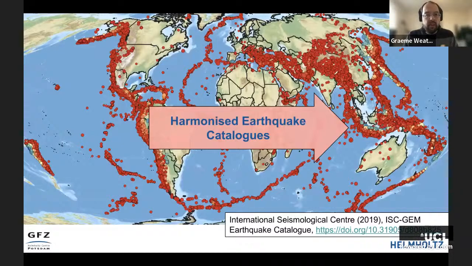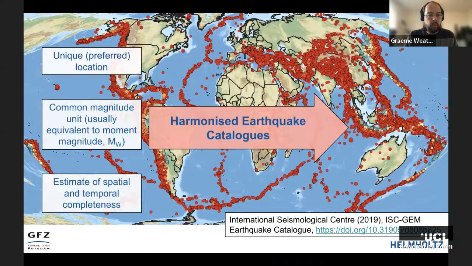So starting then with the idea of harmonized earthquake catalogs, what do we really mean by a harmonized earthquake catalog? Well, it's a catalog where for each earthquake we have a unique or a preferred location. We have a common magnitude unit, usually equivalent to moment magnitude or MW, and we have an estimate of spatial and temporal completeness.